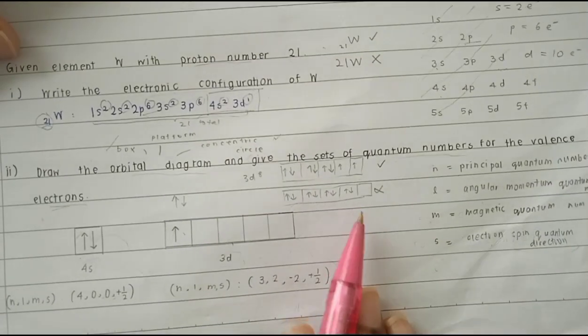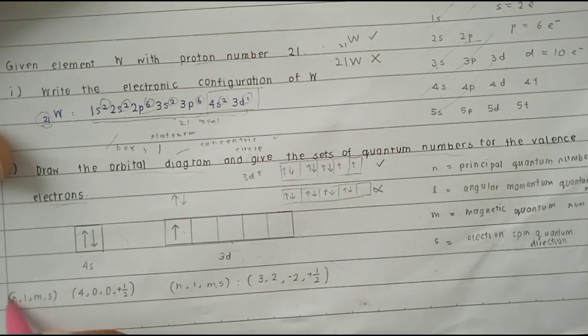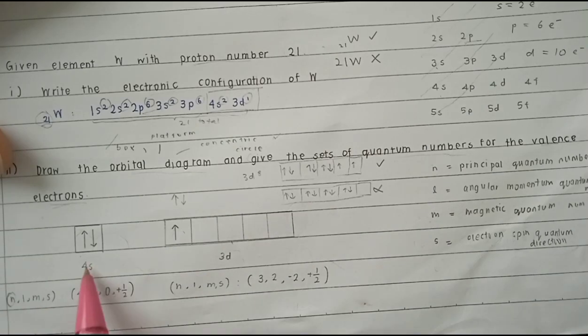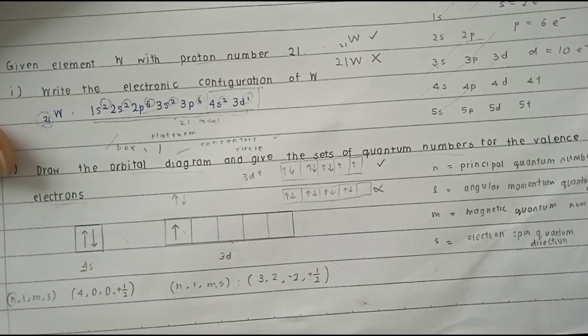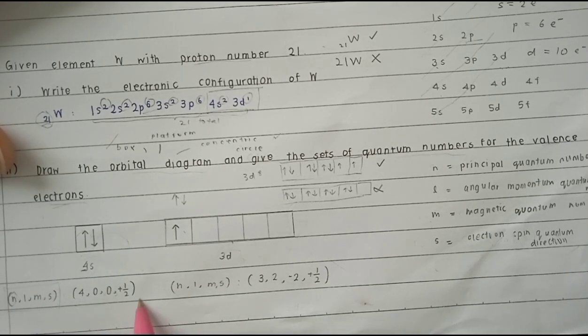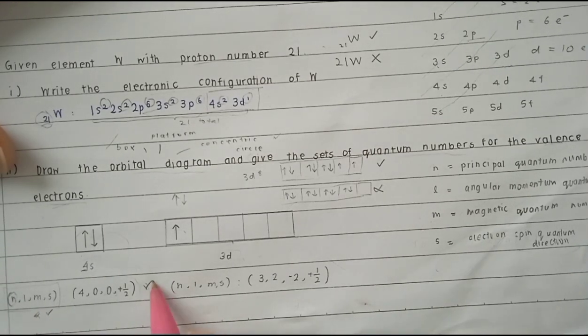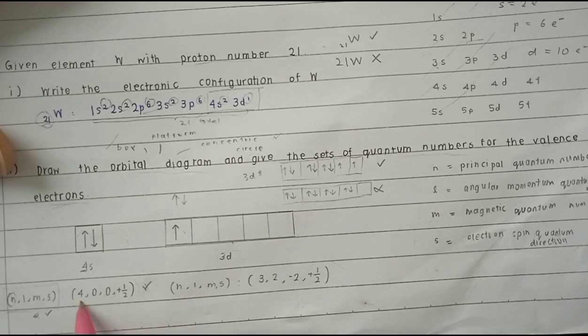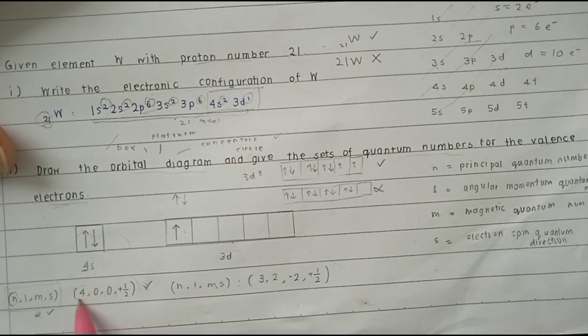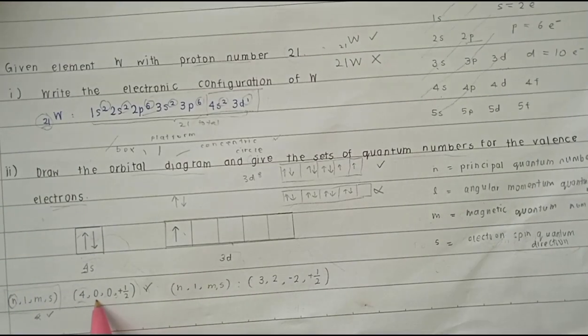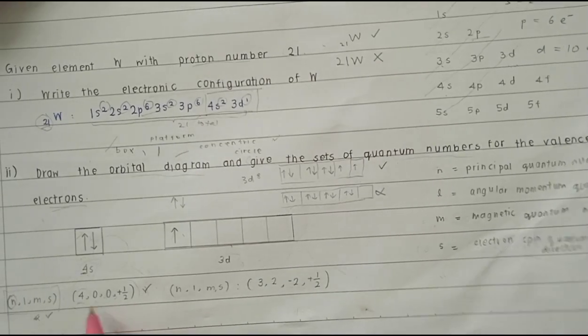Okay. So for this, n is the principal quantum number, which is 4. One more thing, you are supposed to write this for the examiner to know the order. Without this it is totally wrong, but with this it is correct. So n is 4. l can be any number from 0 until 3.